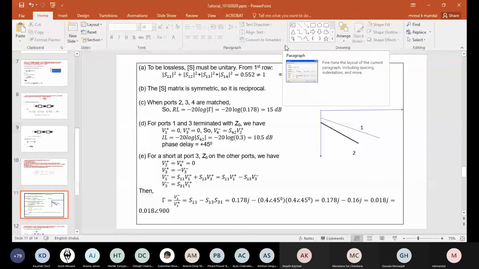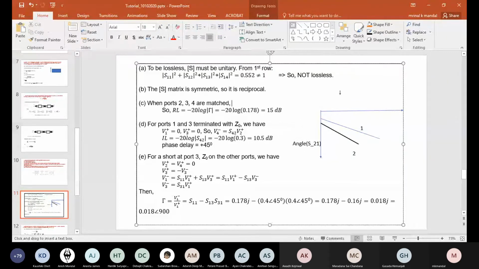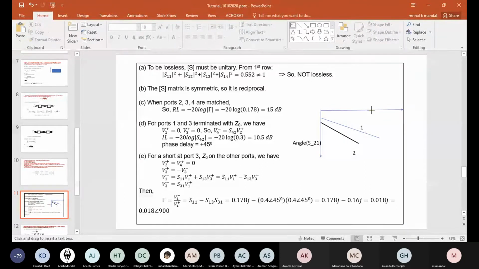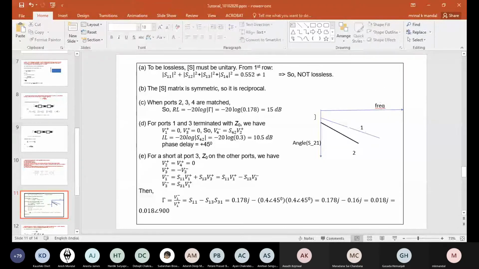Which one is leading, which one is lagging? One of you switch on and tell me. This is the angle of S21 versus frequency plot. So case 2 with respect to case 1, is it leading or lagging?